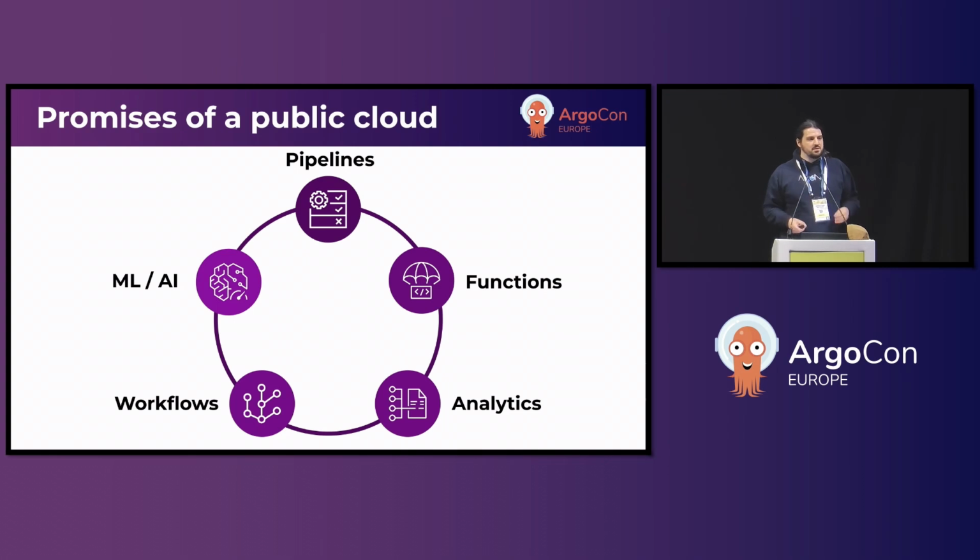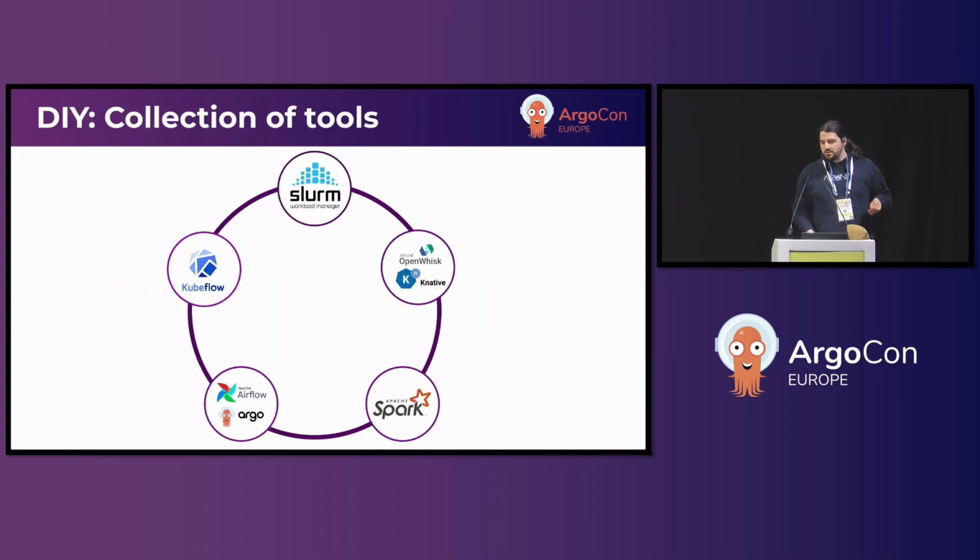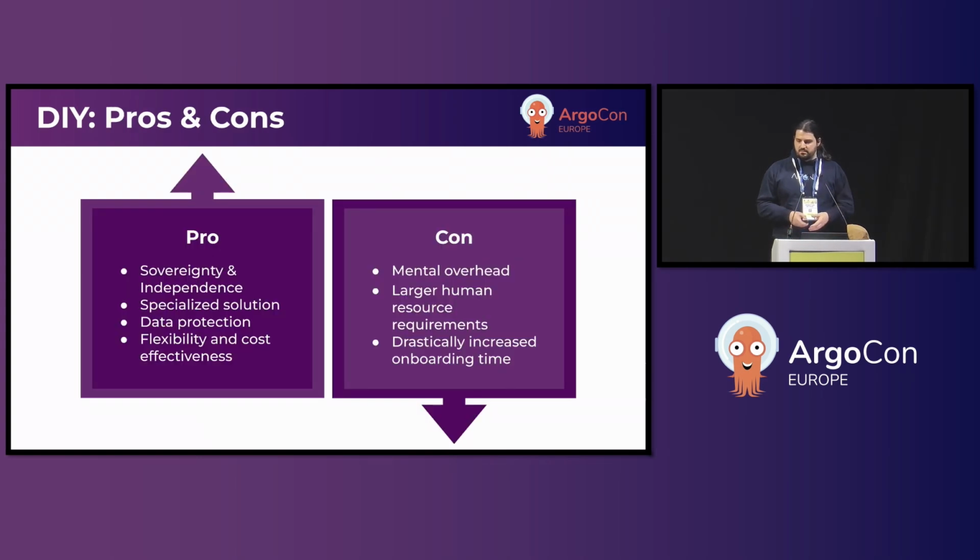And this is a little bit the promise of a public cloud. When you go to large cloud providers, you get everything under one roof, everything together, and everything as a nice package with a nice API. But when you do this on your own, you have all these kinds of tools that are specialized for one specific case or one specific topic, but are not really that easy to integrate and introduce a lot of burden to people to maintain.